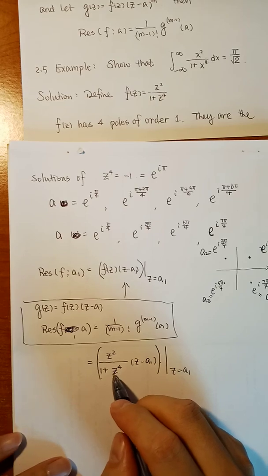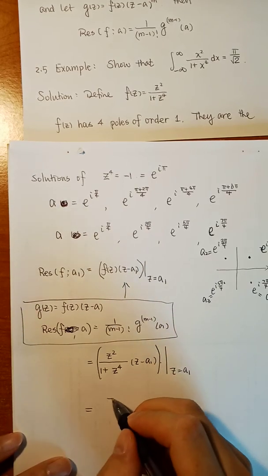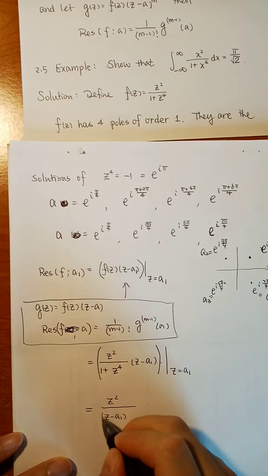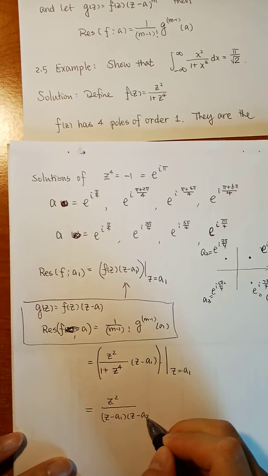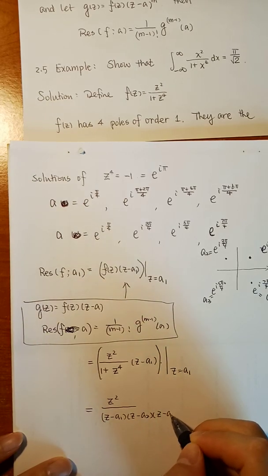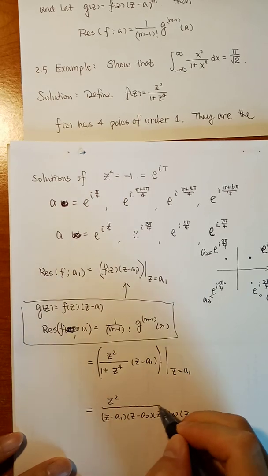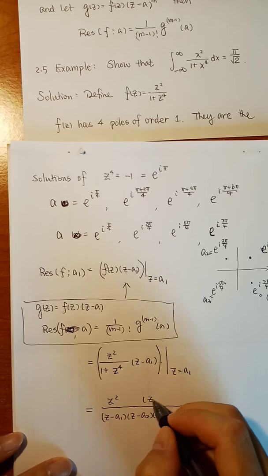Technically, the denominator is (z minus a1)(z minus a2)(z minus a3)(z minus a4), and then times z minus a1.